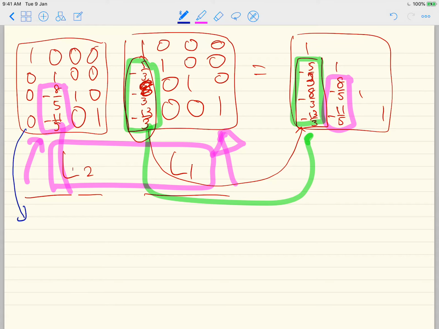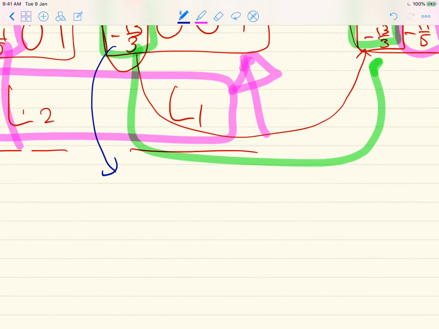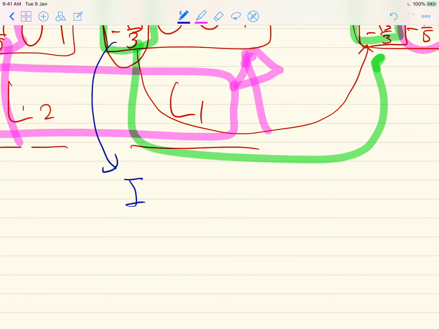For example, the first matrix L1 can be represented in this form. So we just start with the identity matrix I.